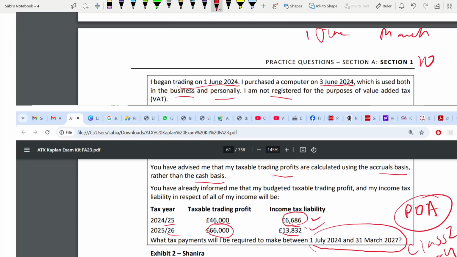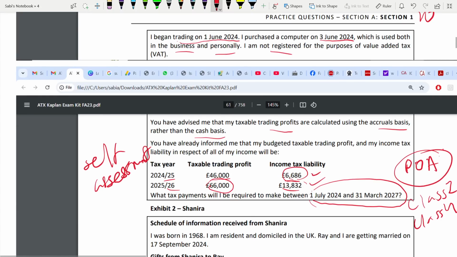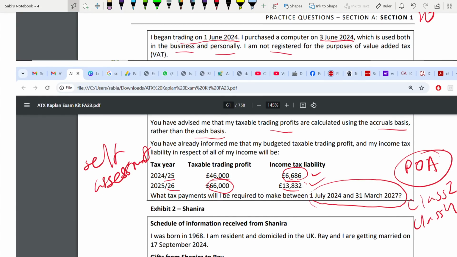So do not waste your time doing that, because taxable profit and tax has been given. Now the question in fact is testing your knowledge that you have to pay income tax via self-assessment. This is what they're asking, not the calculation of income tax, that you have to pay it on account, payment on account. If you see, this question was not done well.